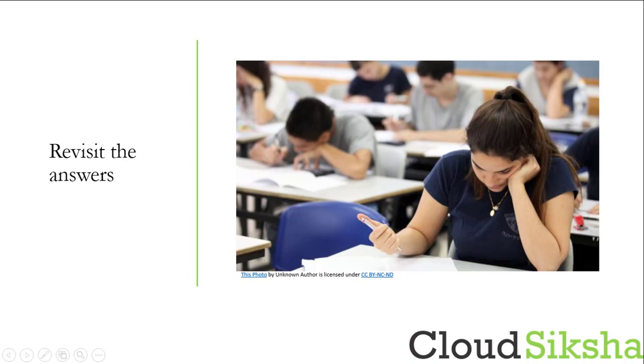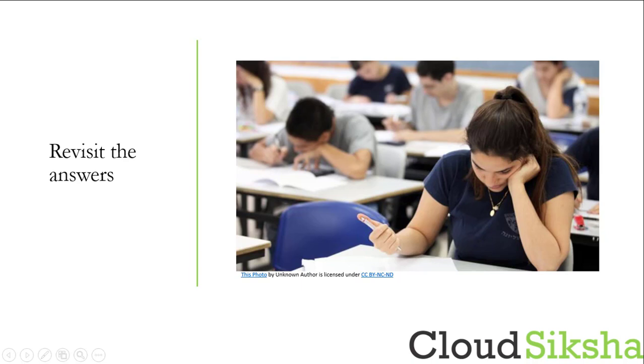I had a participant who had taken the exam. He came back and told me that he had just passed. I mean, the marks that he got would have just crossed the line. He said that he wouldn't have passed had he not done this sort of revision, because he came back to look at a few questions and then he found one question that what he selected was wrong, and then he changed that, and that helped him pass the exam.